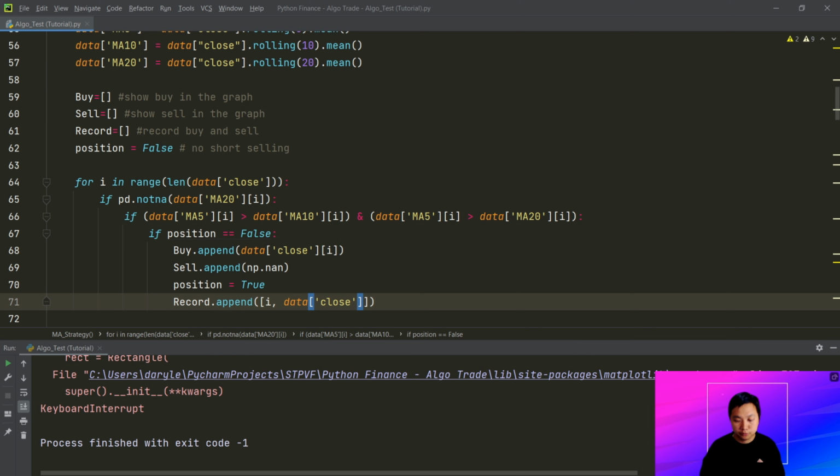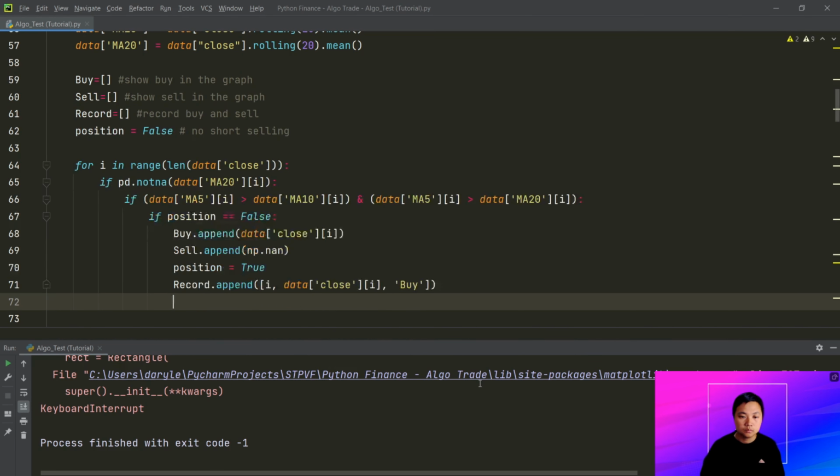That depends on your usage, but in this case I will just record the number of candles, or the number of minutes in this example. And then I will also record the closing price, which is how much we buy at, and of course I will just label it as a buying record.